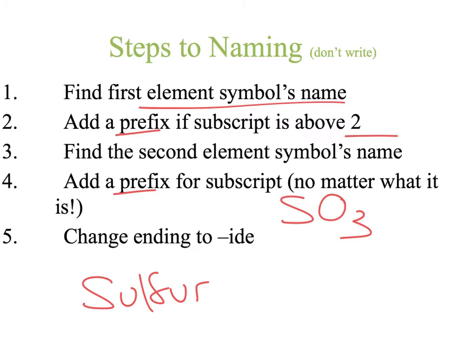For the second element, no matter how many are there, we add a prefix. There's 3, I'm putting tri. We change the ending of the second element to IDE. Sulfur trioxide.